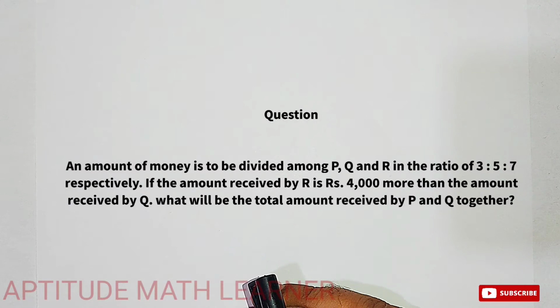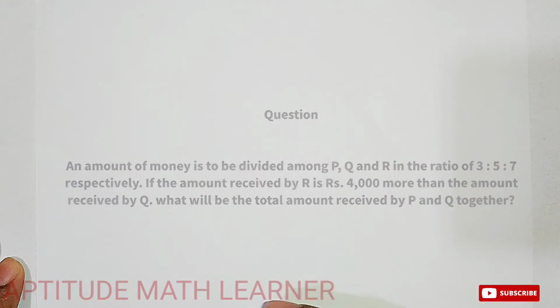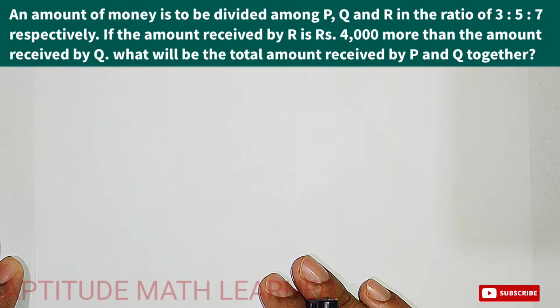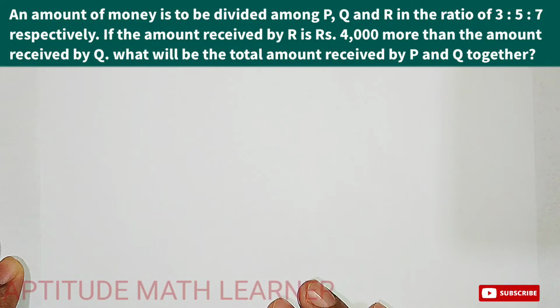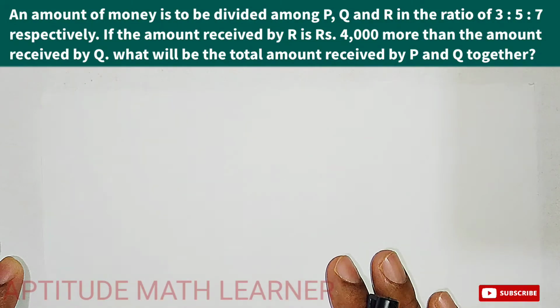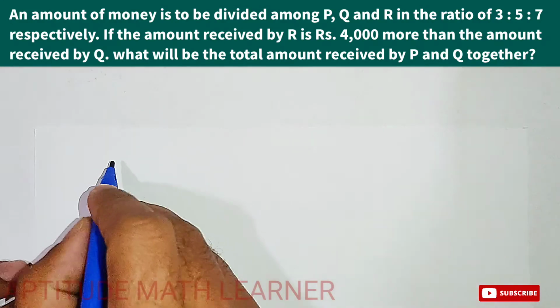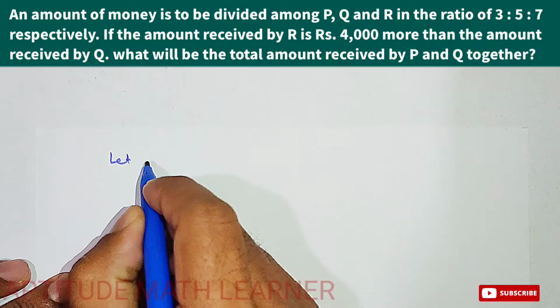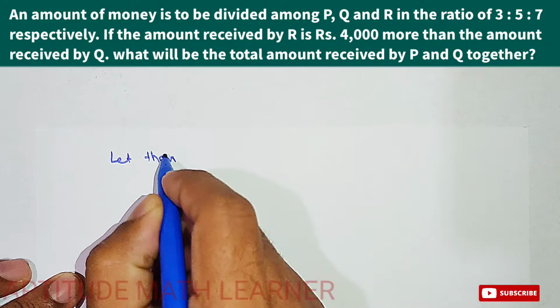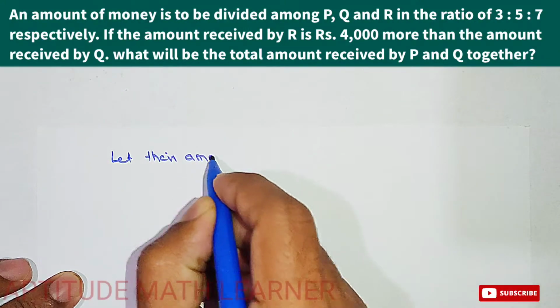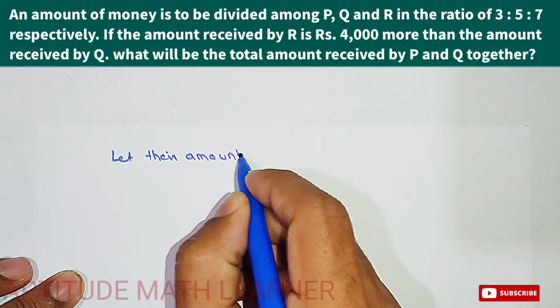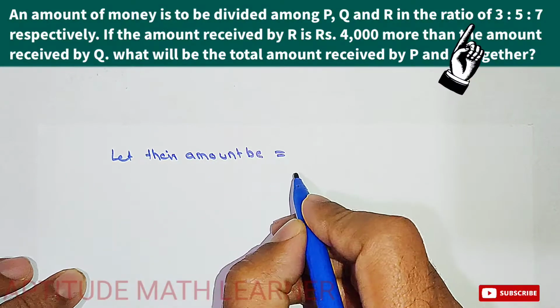So for this, the first thing we have to do is find the total amount of P and Q. Let their amount be in the ratio.